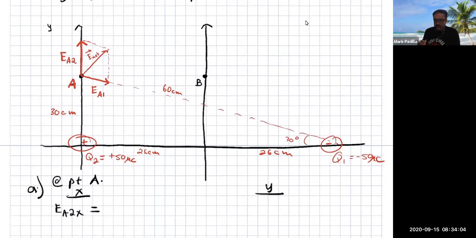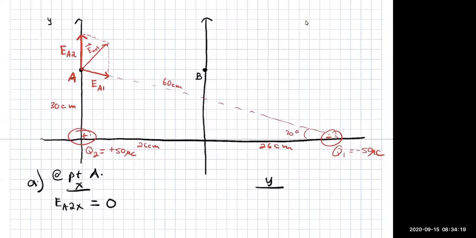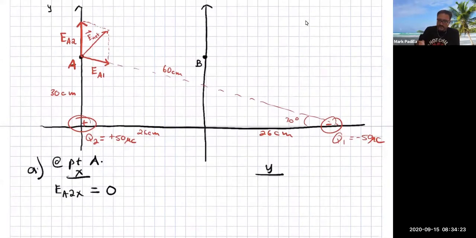What's the electric field at point A due to charge 2 in the X direction? 0. EA1X is equal to what?